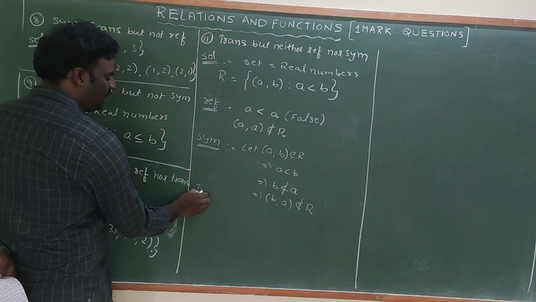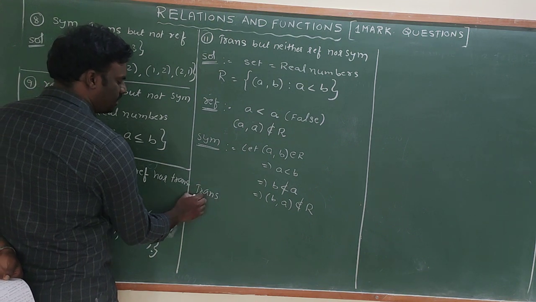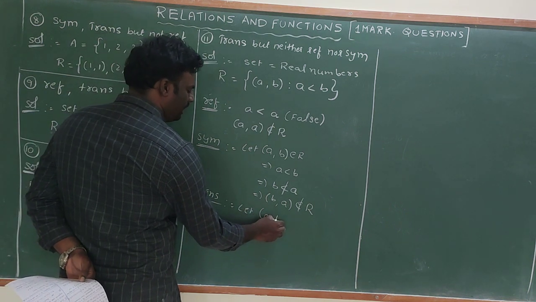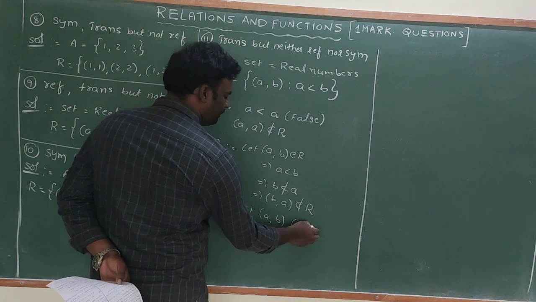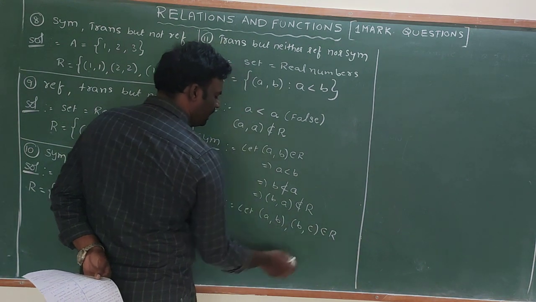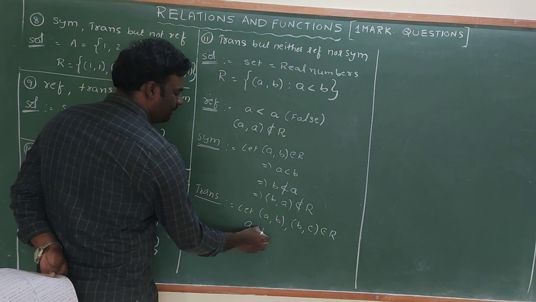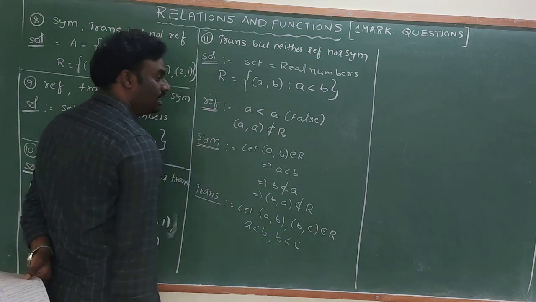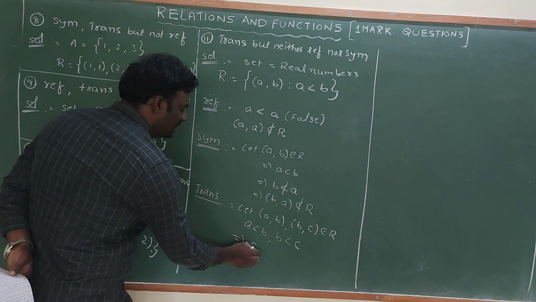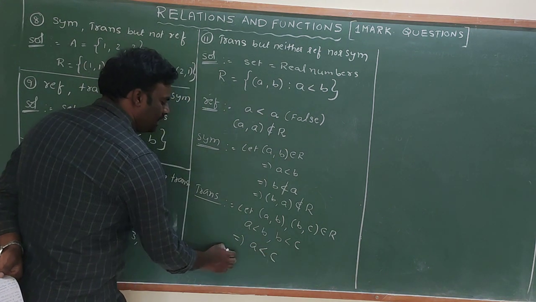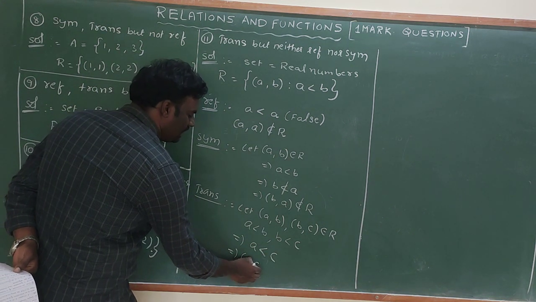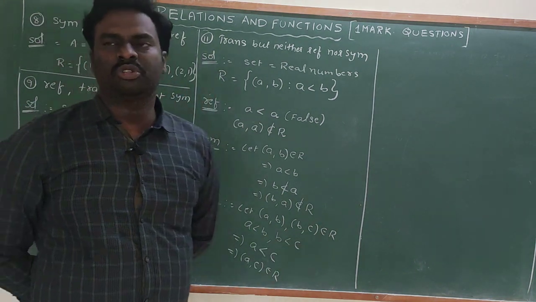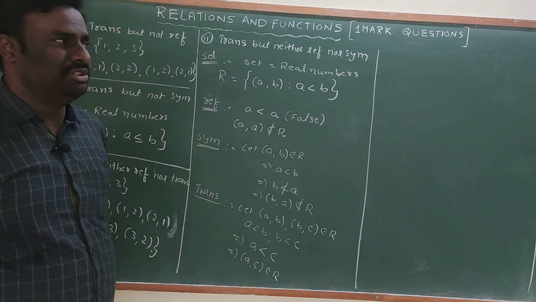We will verify whether it is transitive or not. For transitive, we need to take the two pairs (A, B) and (B, C). The meaning of (A, B) is A less than B, and the meaning of (B, C) is B less than C. From these two we can write A less than C. A less than C means (A, C) belongs to R, so that is a transitive relation.